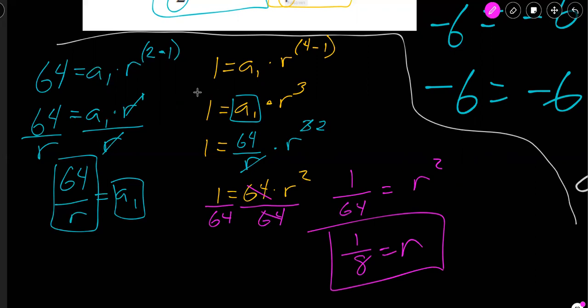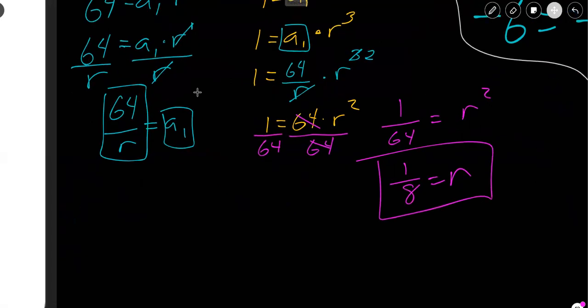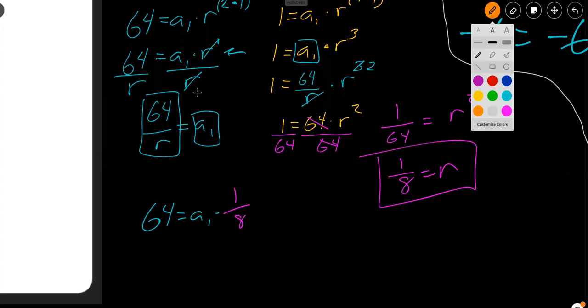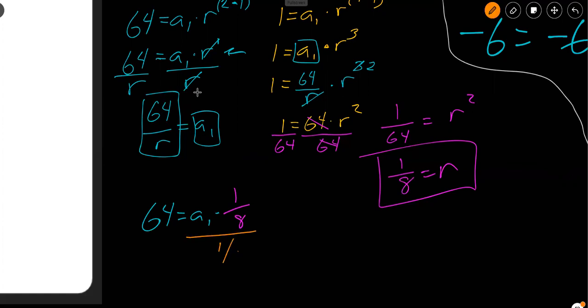Now that I have that, I can plug that r value back into either of the equations. I'm going to do the left side equation. So I'm going to take 64 equals a1 times r. That was this equation right here before I started canceling stuff and moving stuff. Well, if I know r, let's change that out for 1/8. If I want to solve for a1, all I have to do is divide both sides by 1/8.